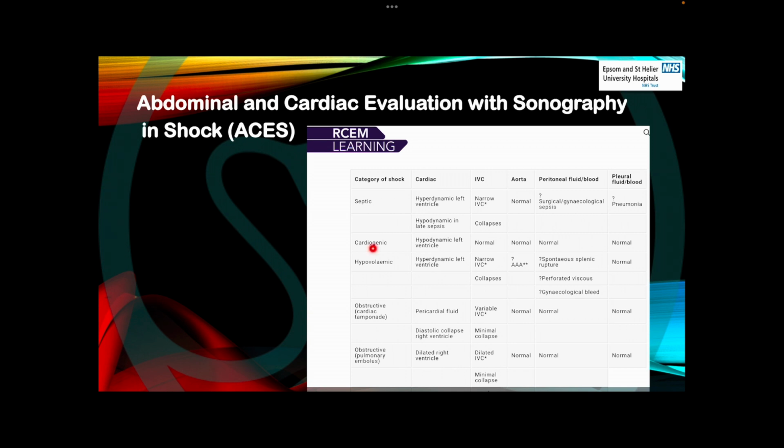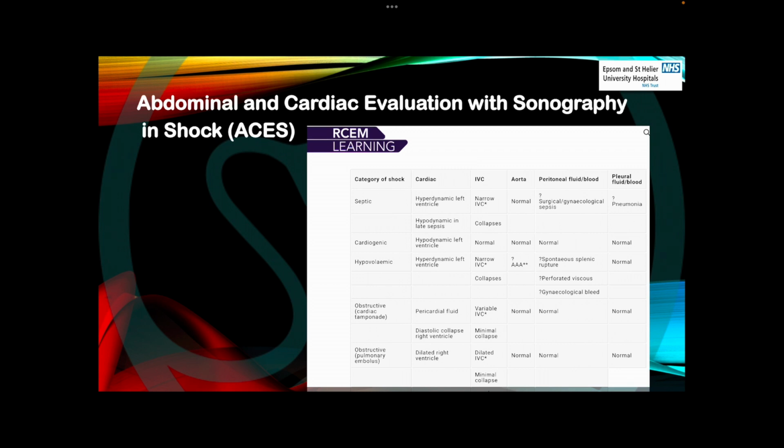And the same, we can talk about the cardiogenic or hypovolemic, obstructive or cardiac tamponade, or obstructive related to pulmonary embolus.